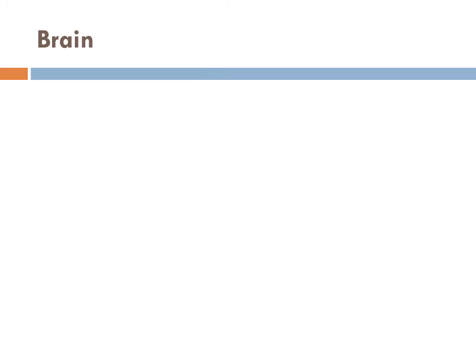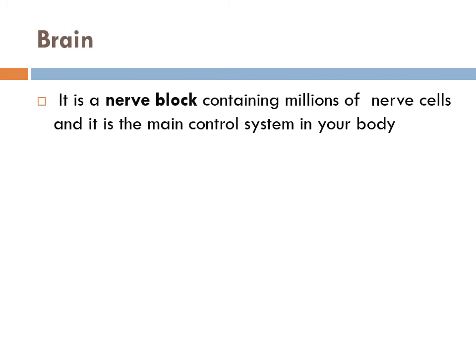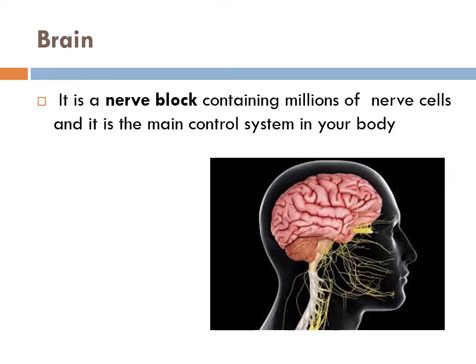Let's start with the brain. The brain is a nerve block and it contains millions of nerve cells, or you can say millions of neurons, and it's the main control system in your body. It's like the computer.